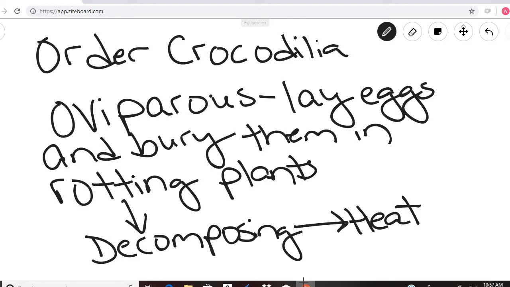So she doesn't attend to them much during their development, but she will return when they are hatching. Okay, so that finishes up class Reptilia, and next week we will do class Aves and class Mammalia.